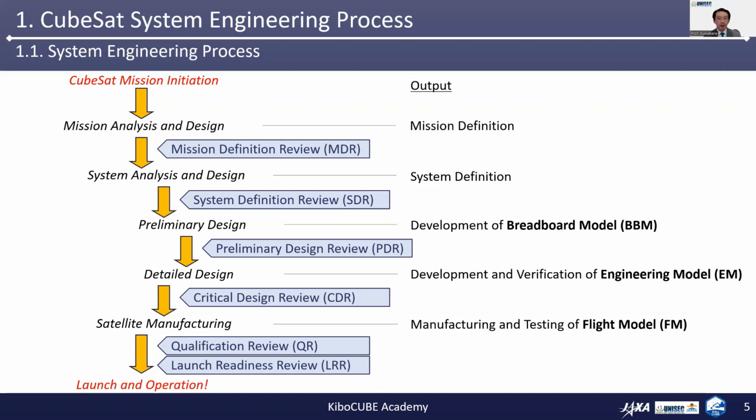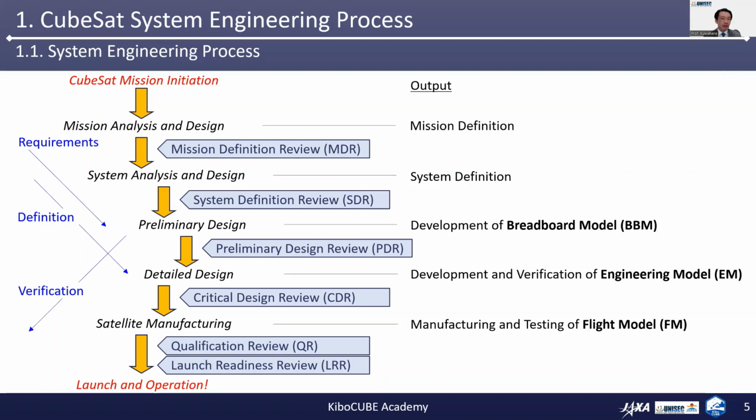And now your satellite is ready to be launched. So you can see there are many steps in the design process, and each step requires a review to produce an output, as illustrated in this slide.